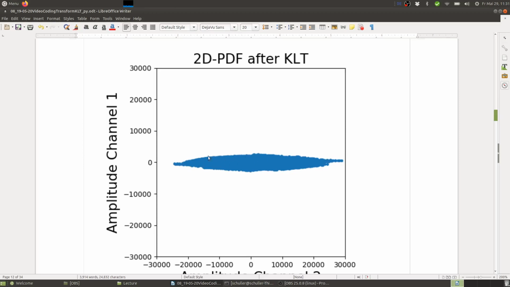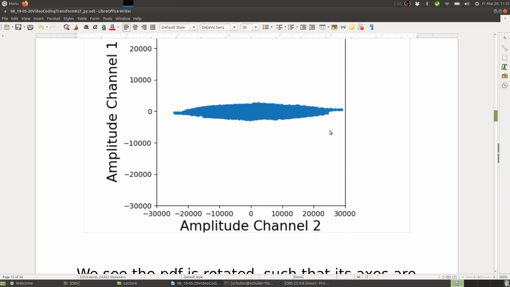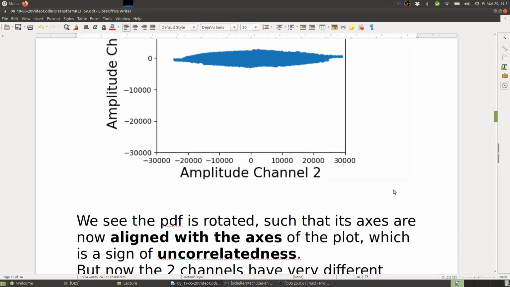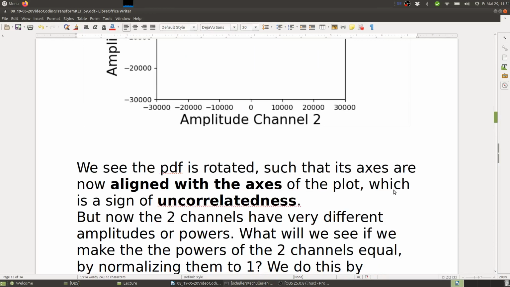So each does its own thing and is not really bothered by the other one. At least it looks like this, at first glance. When you look more closely, it's not quite. Here you can see slight deviations from the symmetry. So it's not exactly independent. It's uncorrelated, but it's not really independent.